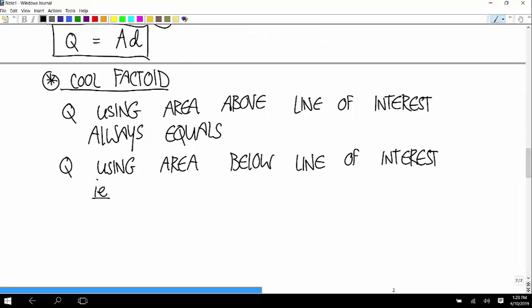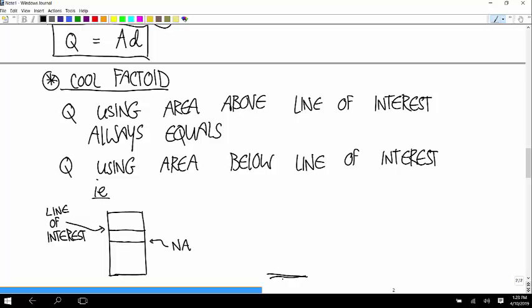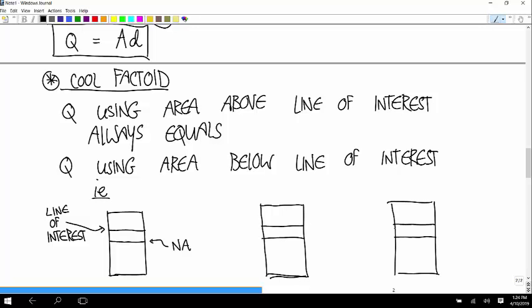So, in other words, if this is your cross section, and here's the neutral axis, and this is your line of interest, then you can calculate this two different ways. You get the same thing. So there's the neutral axis. Here's the line of interest in both cases.